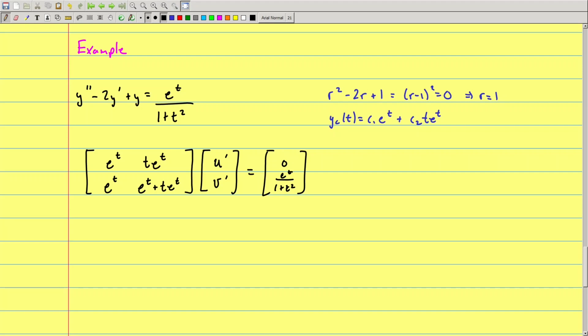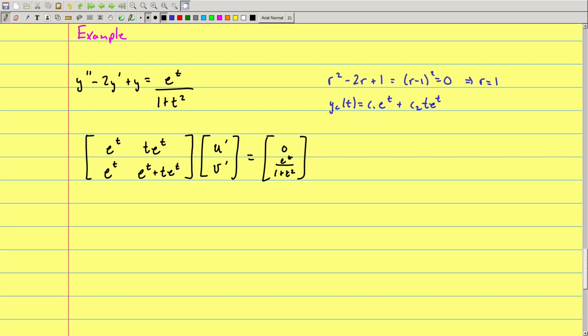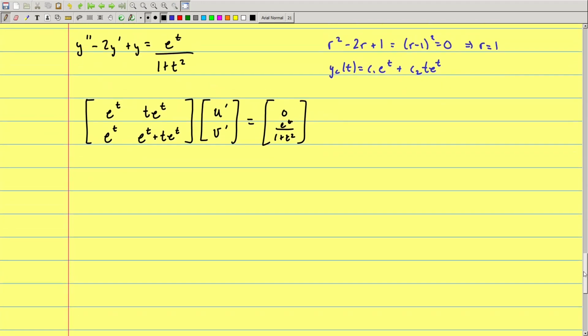So now we want to, as above, set up our equations for u prime and v prime. We're going to have 0 and e to the t over 1 plus t squared. And here t e to the t and e to the t plus t e to the t. And then, for the sake of saving ourselves a little bit of trouble, let's compute this Wronskian on the side.